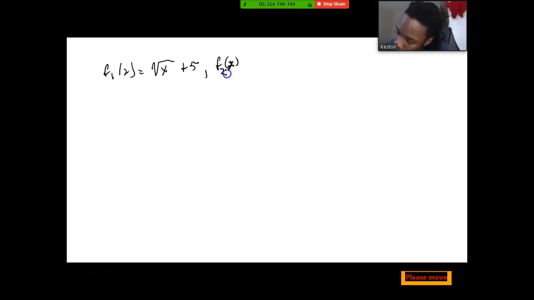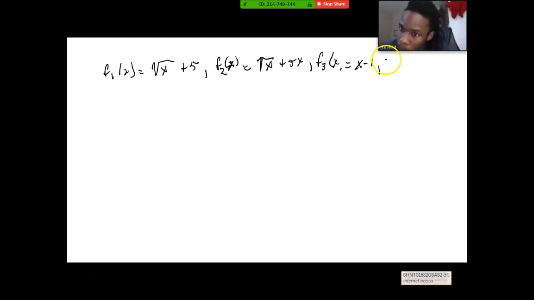f2 of x is equal to the square root of x plus 5x. f3 of x is equal to x minus 1.